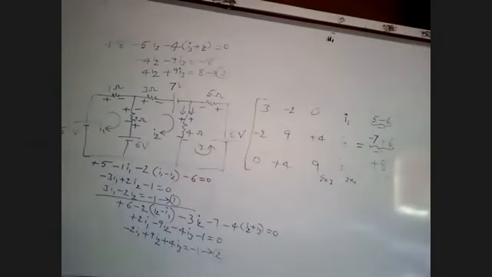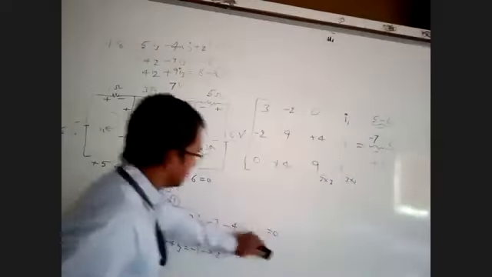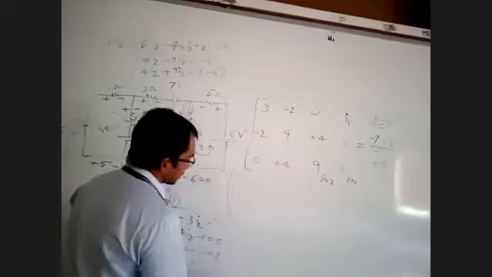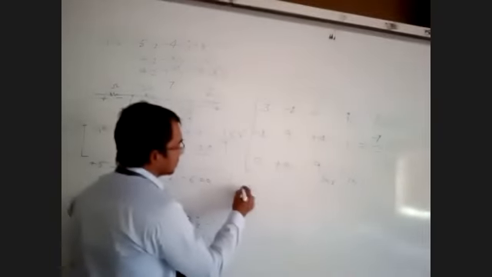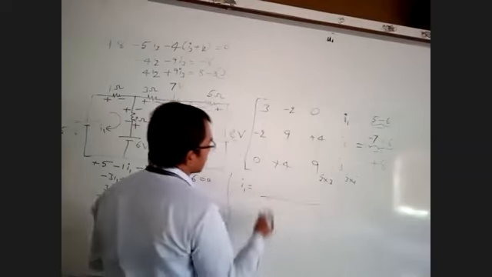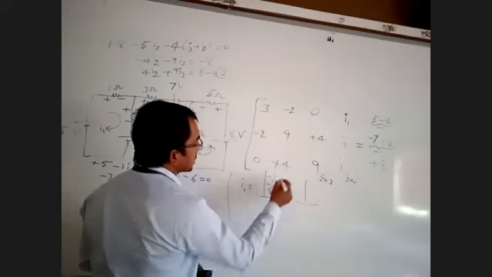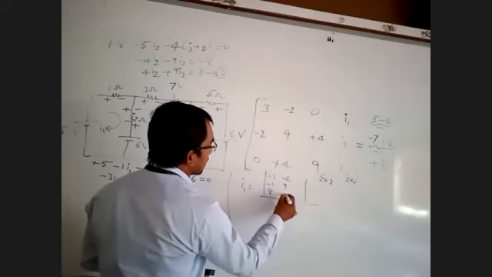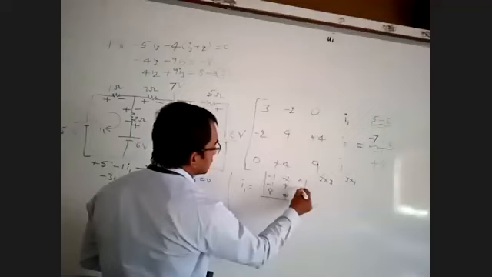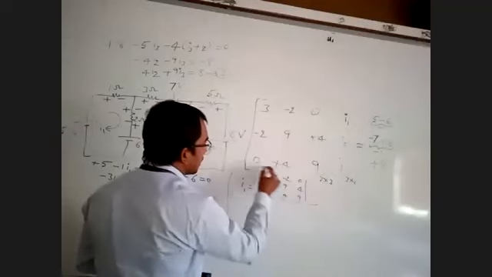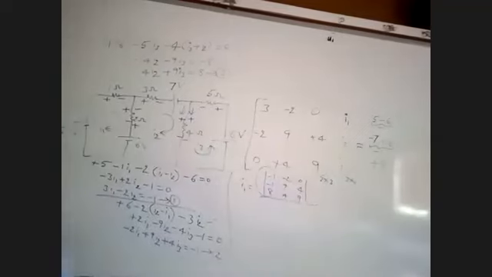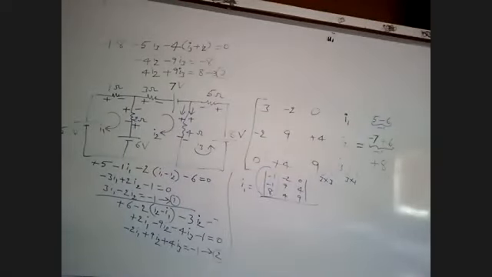So our loop equations are correct. Now we can determine I1, I2, I3. I1 is equal to delta 1 by delta. In delta 1, I am replacing the first column with the voltage sources minus 1 and 8.